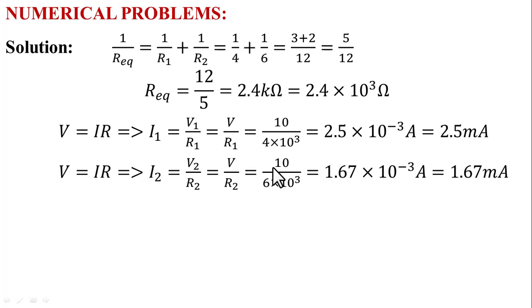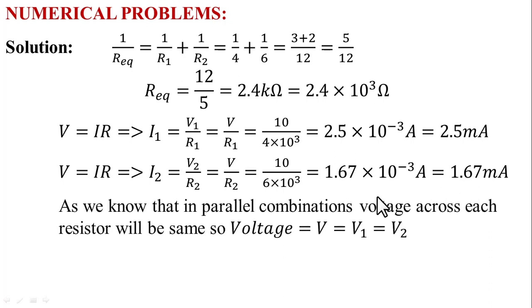Putting the values, 10 divided by 6 multiplied by 10 raised to power 3. 10 divided by 6 is equal to 1.67 multiplied by 10 raised to power minus 3 ampere. This implies that I2 is equal to 1.67 milliampere.